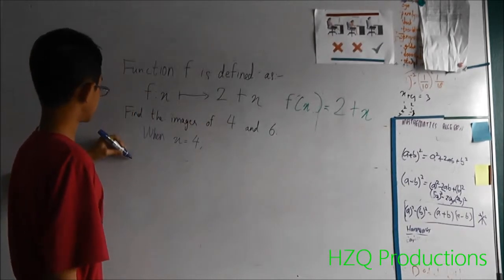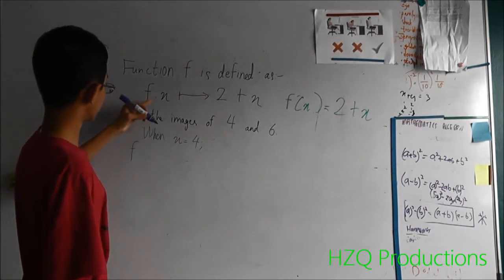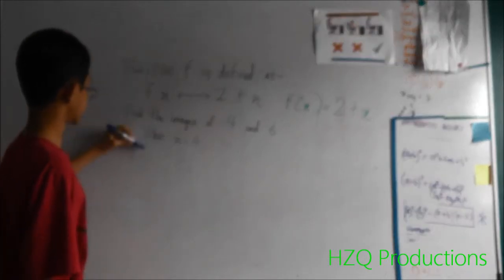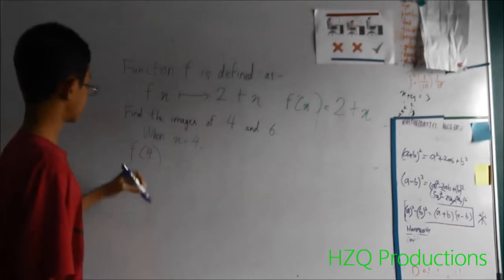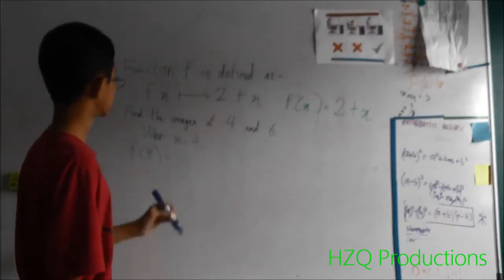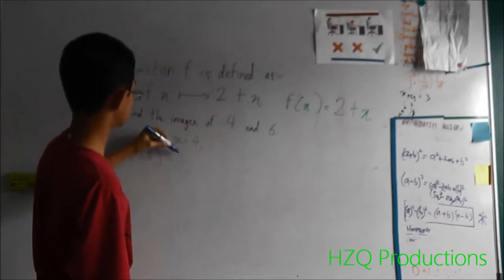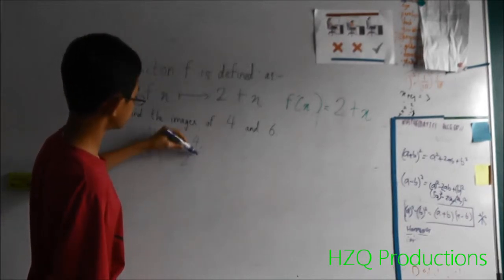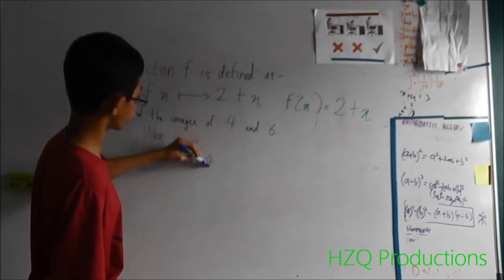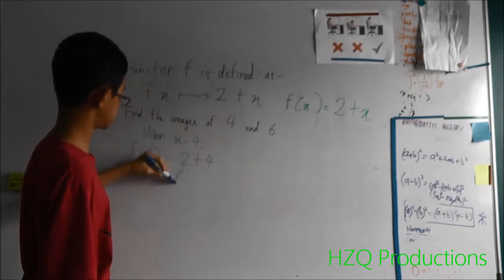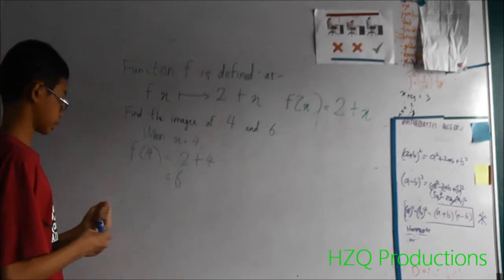You have to write f(x), we replace x with 4. What do we do next? It's as simple as substituting the numbers. So 2 plus 4. As simple as what you would play in kindergarten.